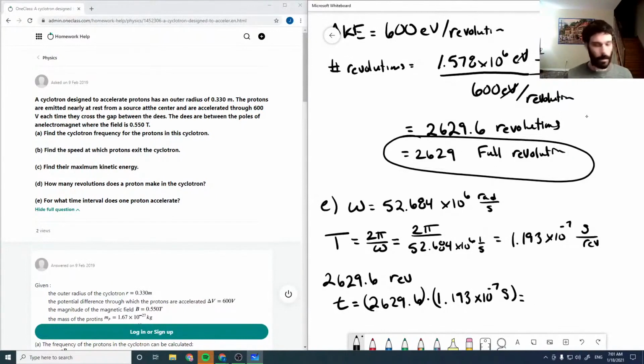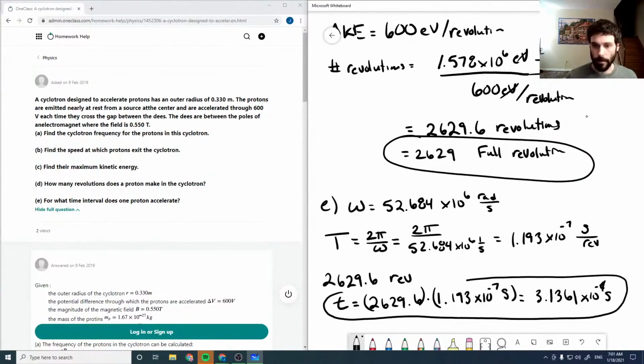Okay, and so that comes out to be 3.1361 times 10 to the minus 4 seconds. So that's the time that a proton spends in the cyclotron. Okay.